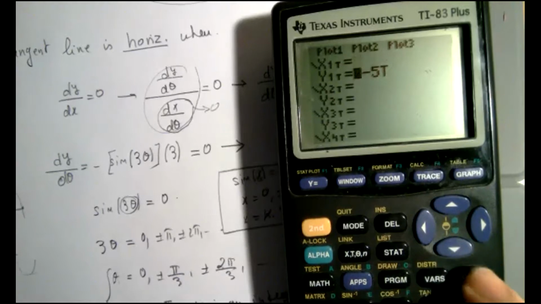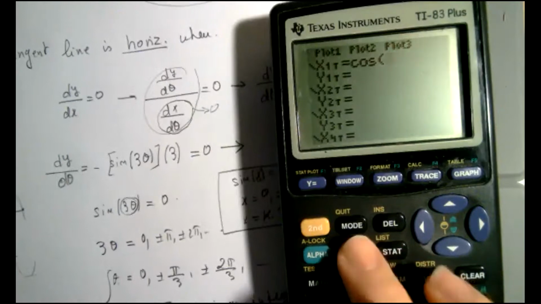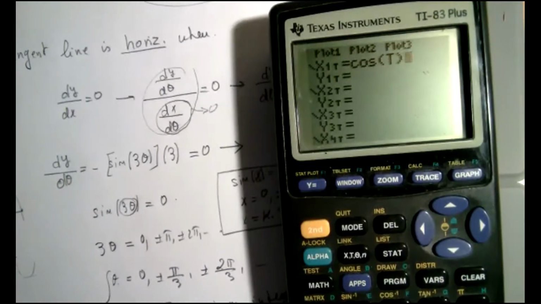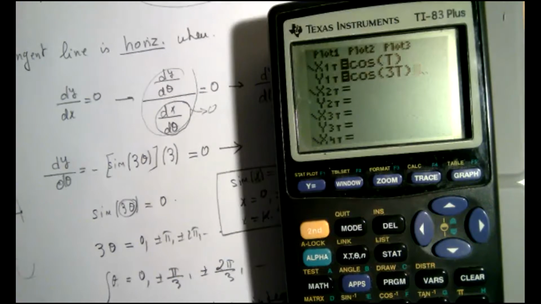Now you go back to Y, and you're going to have X1, Y1, which will give you both coordinates. So you input the first one, which is the cosine of T, and then the Y is the cosine of 3T. That's how you can use your calculator to graph the parametric. But I will use Desmos again for another problem.